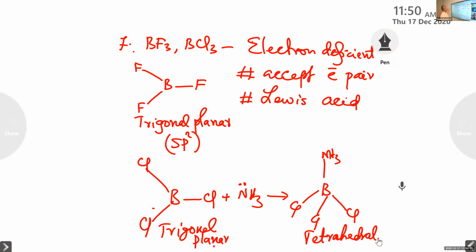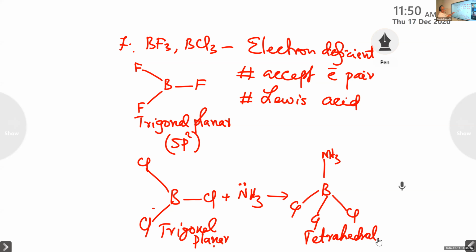Here, ammonia is the Lewis base, and there is reaction between BCl3 and NH3 or BF3 and NH3. And in the adduct formed, the compound formed, there is a tetrahedral structure.